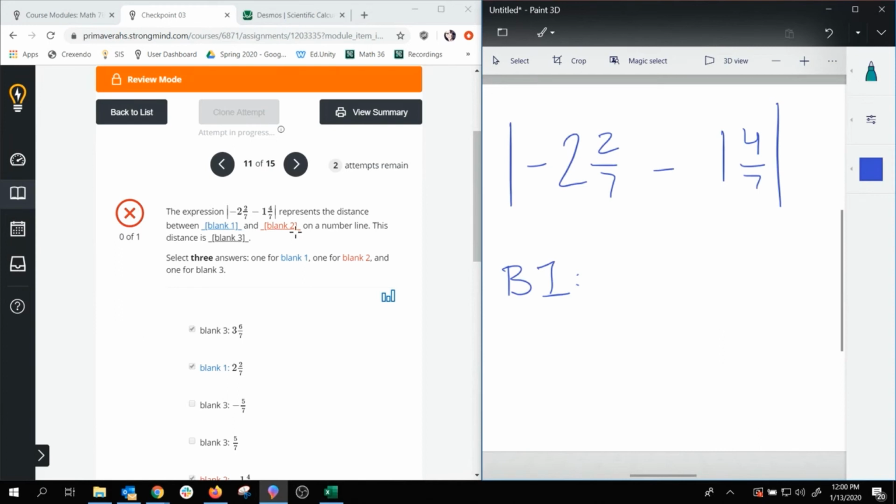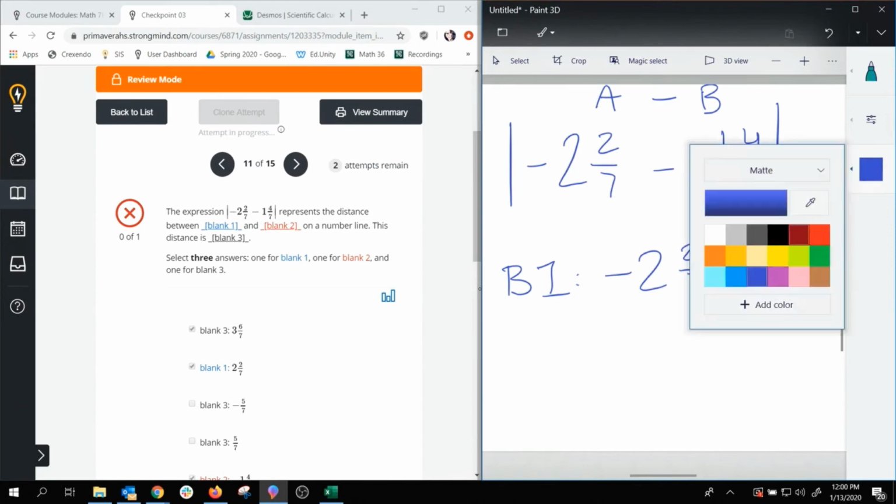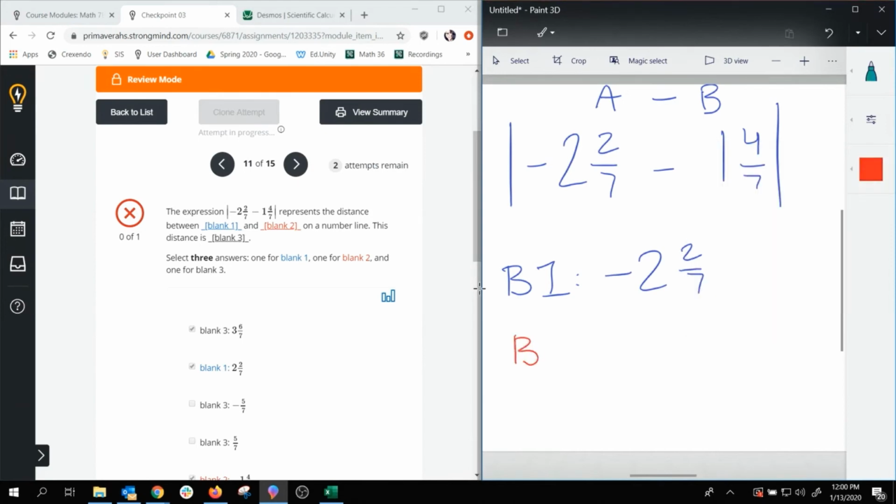So remember, it's like when you have your A minus B. So for blank 1, it's the first number. So what's the first number that we have here? Negative 2 and 2/7. Perfect. And then for blank 2, what would be the second number that we're finding the distance between? What's the second number we have here?